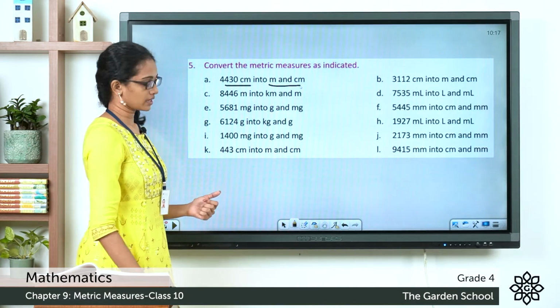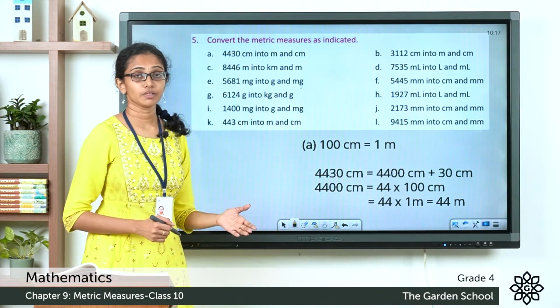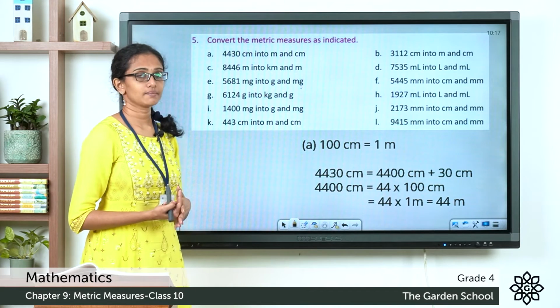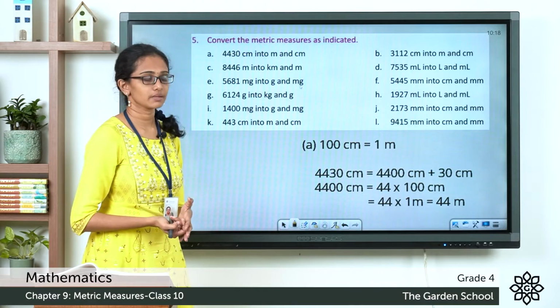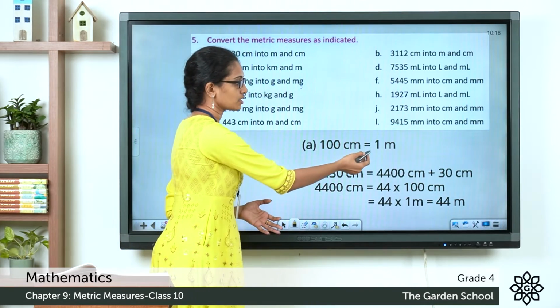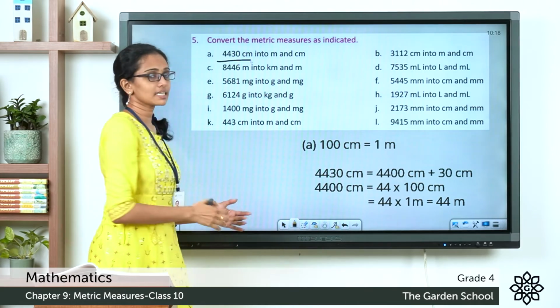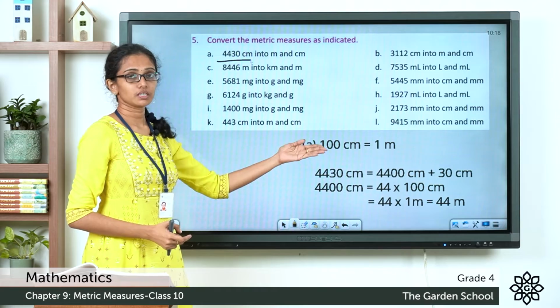So let's do this one now. So 4,430 centimeters, you are supposed to convert that in terms of meters and centimeters. So what is 1 meter? 1 meter is equal to 100 centimeter. So since 100 centimeter is equal to 1 meter, let's split the given measurement in such a way that we can easily convert the centimeters to meters.